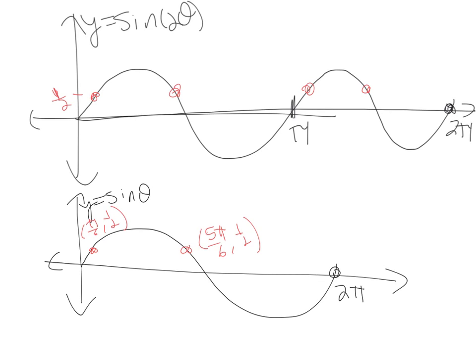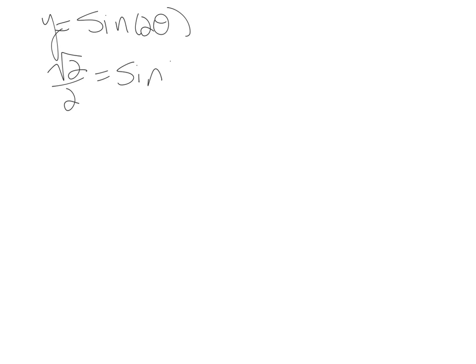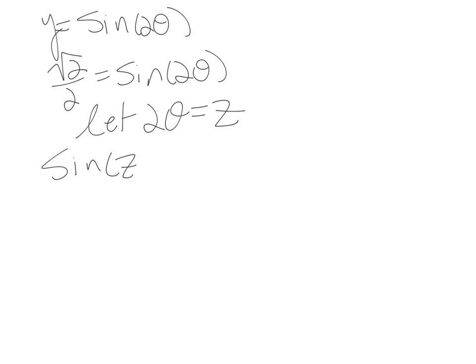So now let's take a look at the algebra. If we go back to y equals sine of 2 theta, and now we're saying root 2 over 2 equals sine of 2 theta, let's let 2 theta equal z. So sine of z equals root 2 over 2.